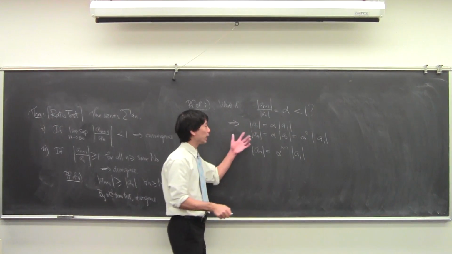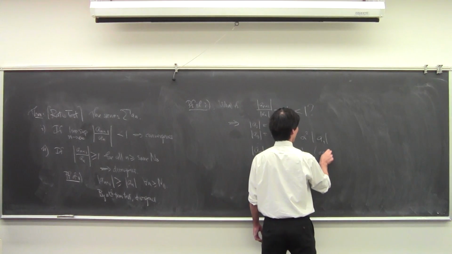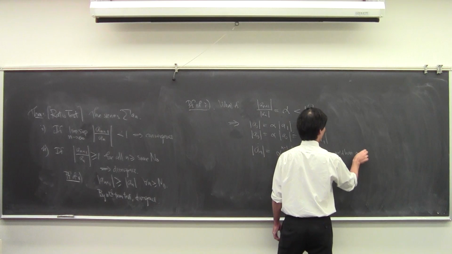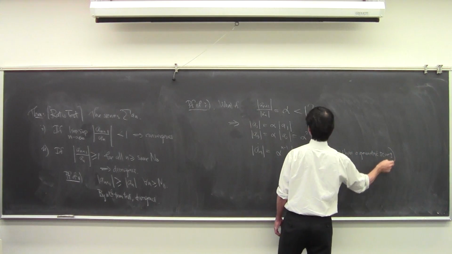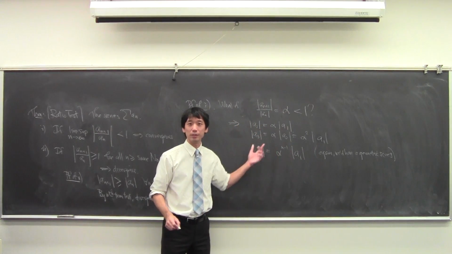And so we'd have a geometric series, and if alpha is smaller than 1, then this is going to converge.